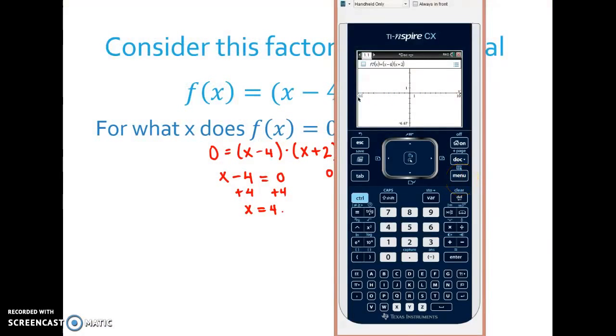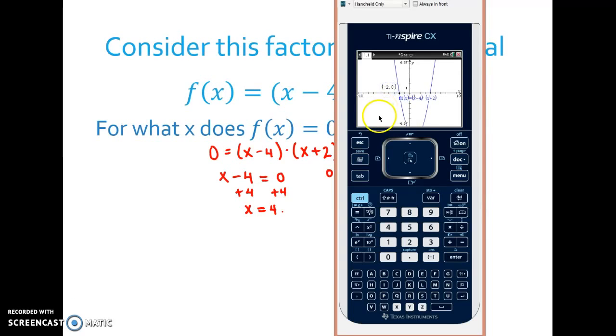So I have x minus 4 times x plus 2. I make a graph, and then just a reminder about how we find the zeros. We go menu, analyze graph, 0, and then it says lower bound. We want to click to the left of the 0, and then it says upper bound. We want to click to the right of the 0.